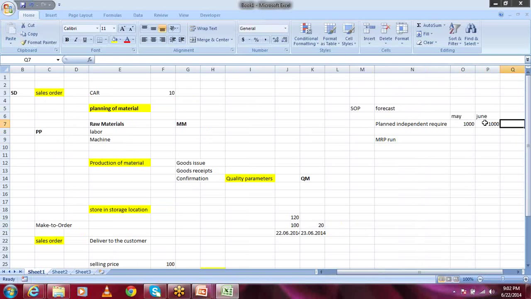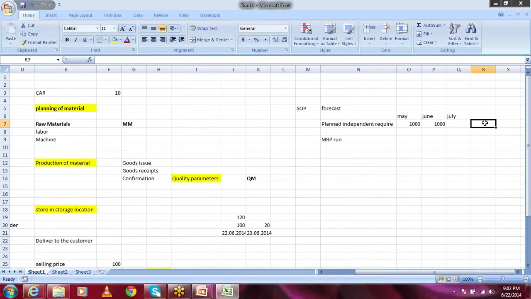In July, it is the rainy season, construction is less, so selling is very low, and you plan only 400. How do you derive these figures? Based on your historical figures, from the last 1 year or last 5 years, how sales were in the month of May. Based on that, you derive the future. That is called the forecast, which is nothing but independent requirements.